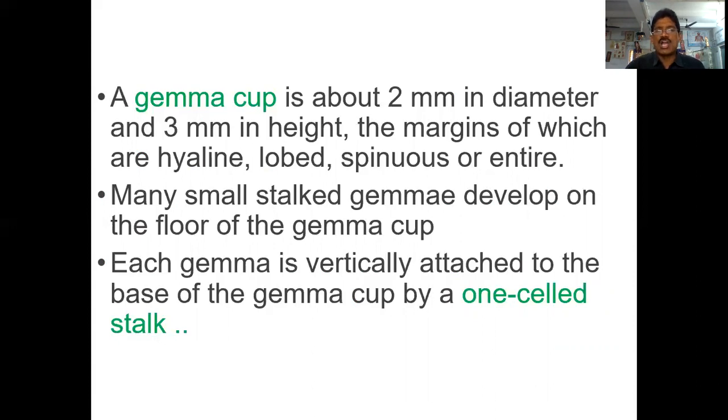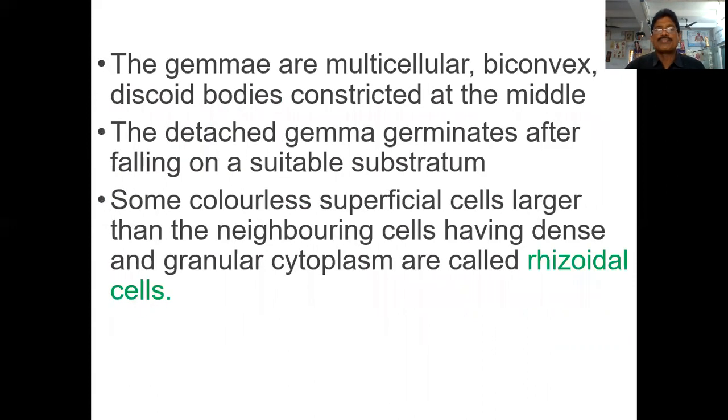Many small stalked gemmae develop on the floor of the gemma cups. Each gemma is attached to the base of the cup by a single-celled stalk. The gemmae are multicellular, biconvex, discoid bodies situated in the middle part of the thallus.